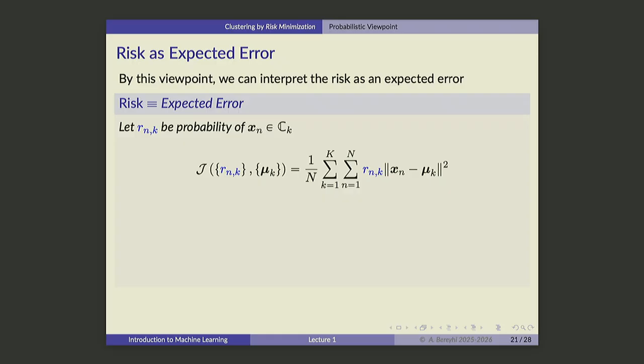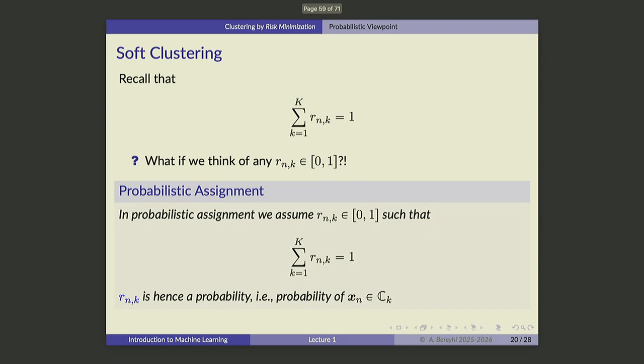Well, I don't know what is the cluster of x, right? Correct? So I can treat it as a random variable, right? The cluster of x is a random variable. It could be C1. What is the probability of x belonging to C1? Say this is xn. The probability of xn belonging to cluster 1 is Rn1, right?